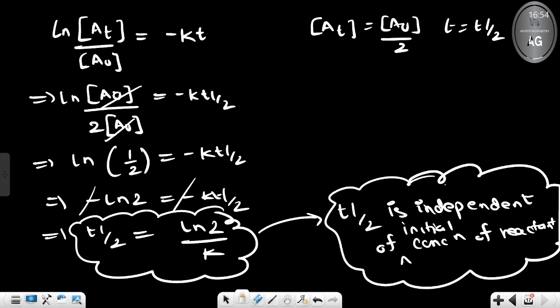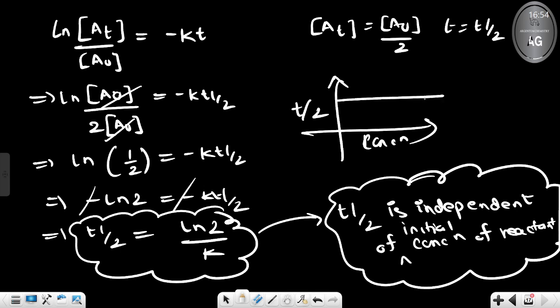T half previously was directly proportional to the initial concentration. This time it does not even depend on that. So if I ask you the graph for first order reaction, t half versus concentration, t half does not depend on concentration. Previously it was a straight line of y equal to mx type, but this time it does not even depend on that. So please make sure that you all know all this, because very, very important questions, they directly ask you these questions.